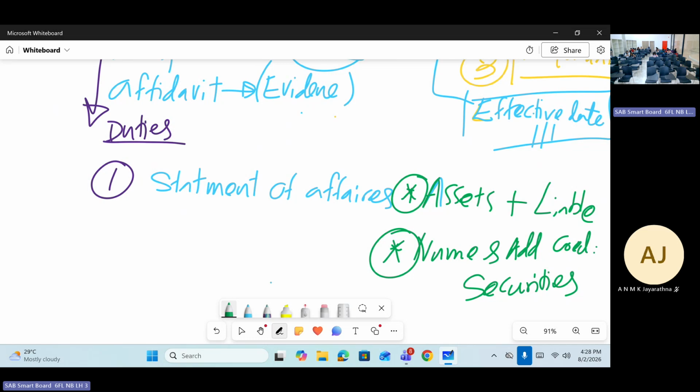These are the details in the statement: the assets, liabilities, names and addresses of the creditors, and the securities held by the creditors. So, the statement of affairs.